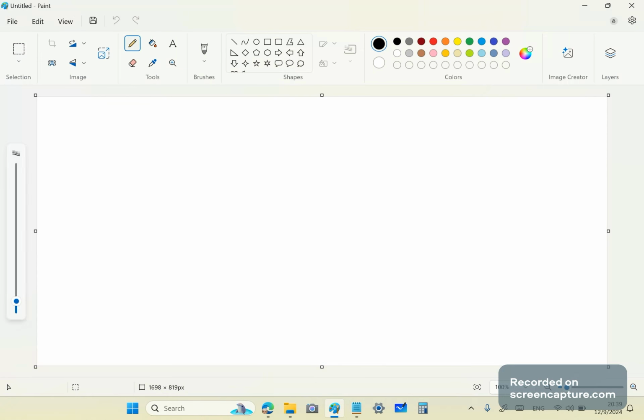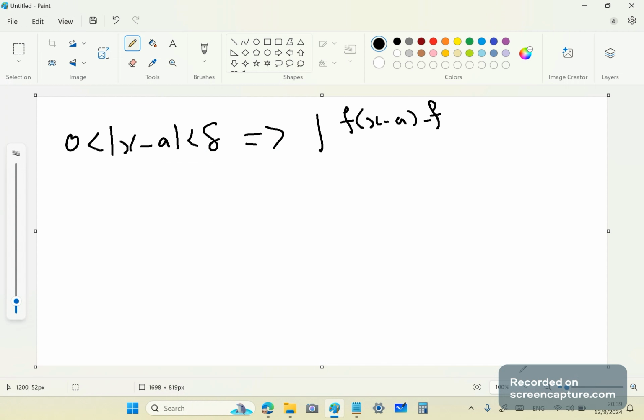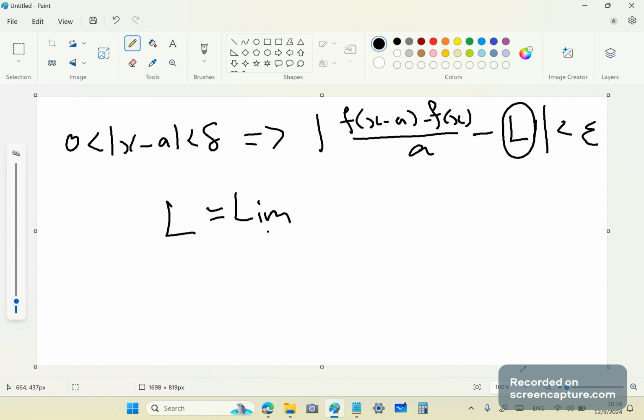You've got 0 is less than x minus a is less than delta, and that implies that f of x minus a minus f of x over a minus L is less than epsilon. But this is very circular because, first of all, it means that you need to know L. But L is equal to the limit as x approaches a of f of x minus a minus f of x over a.